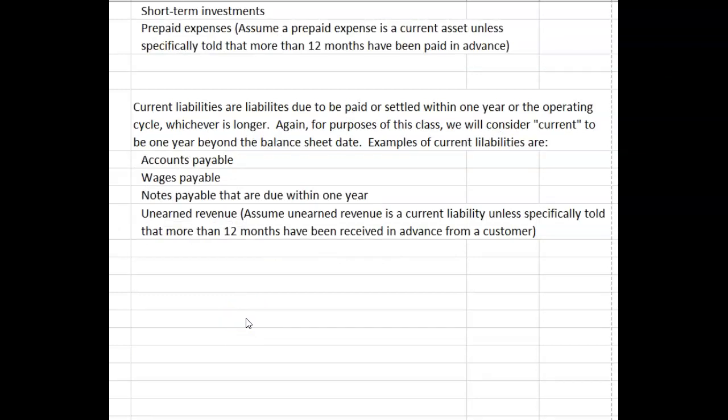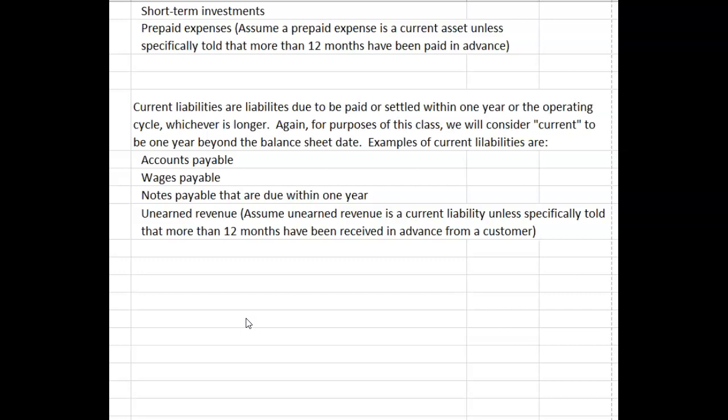Current liabilities are liabilities due to be paid or settled within 1 year or the operating cycle, whichever is longer. Again, for purposes of this class, we will consider current to be 1 year beyond the balance sheet date.